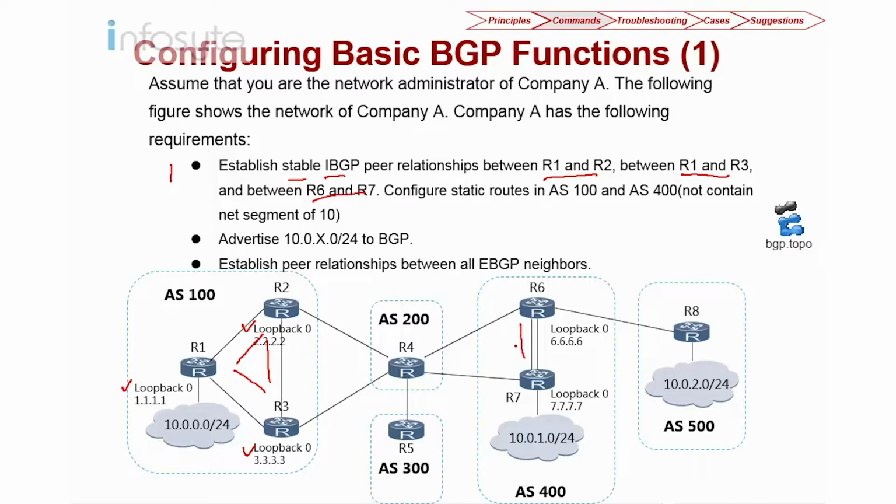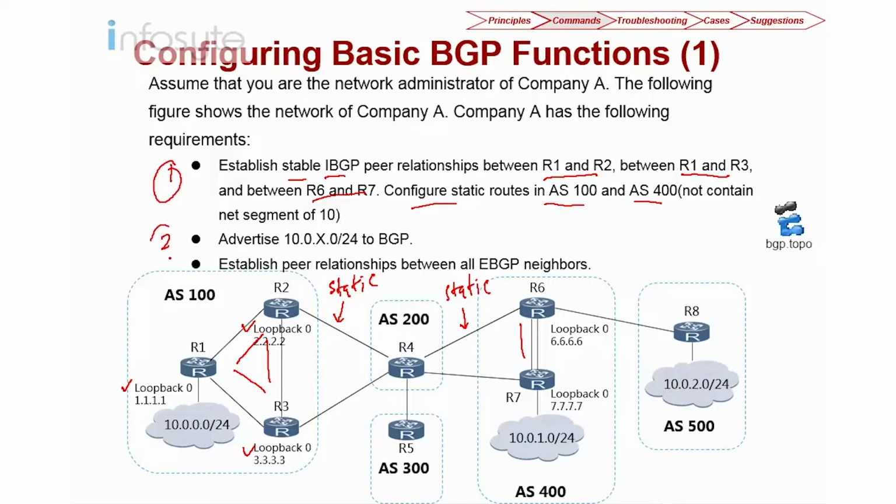So 6 and 7 will also be using a loopback. Configure a static route in AS 100 and 400. As you can see, AS 100 and 400 are connected through this link, and this link will not be part of the IGP, so we have to use a static route. We also will use a static over here. So that's the first requirement.